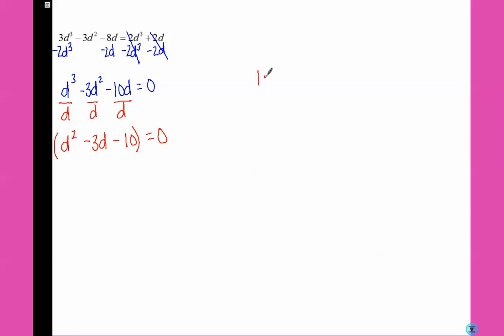So 1 times negative 10 is negative 10. Factors of 10 are 1 and 10, or 2 and 5. Multiplies to a negative, we need one number in each pair to be negative. Since this is negative, we know it's the bigger numbers.